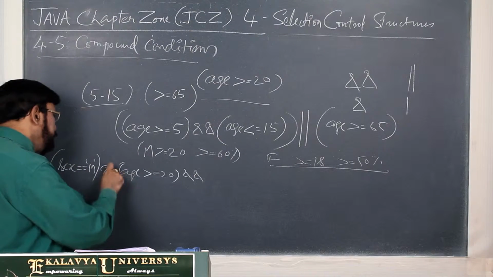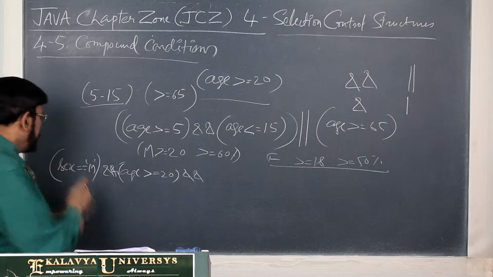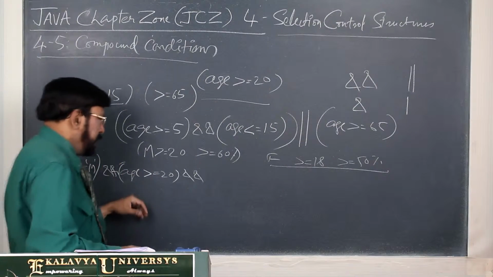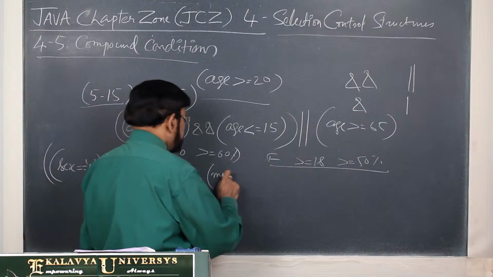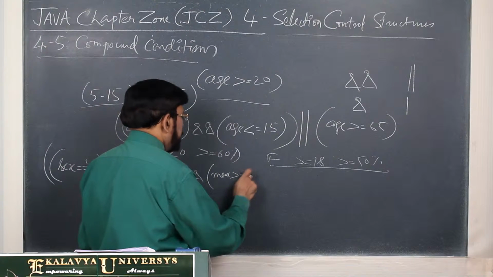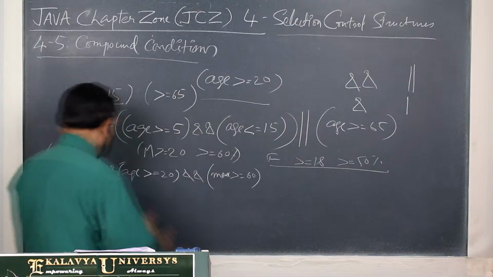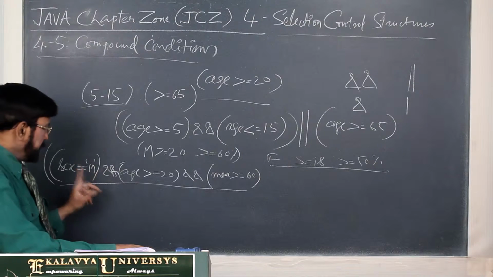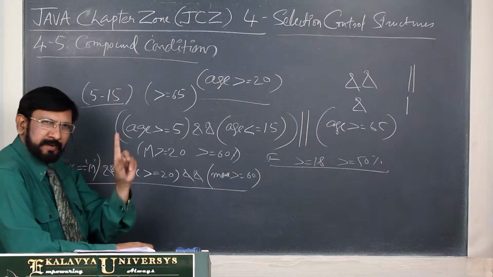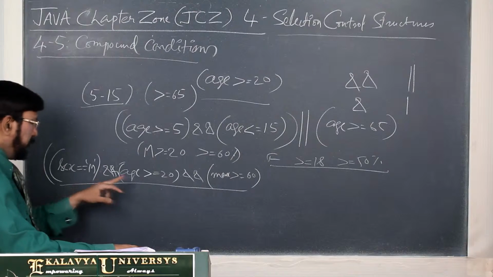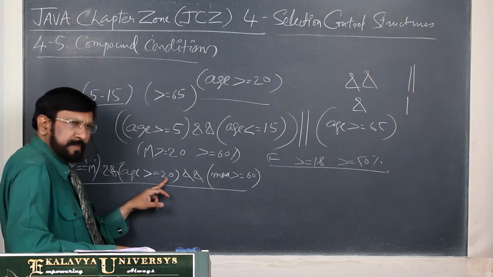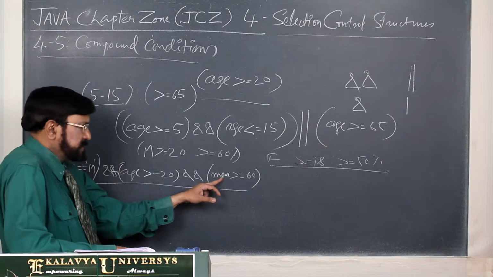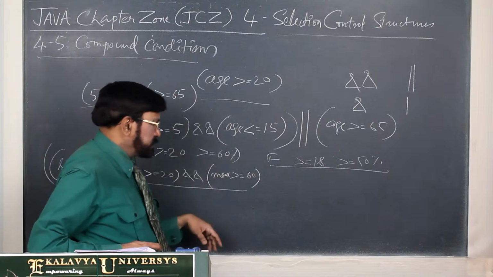He should be male and age is greater than or equal to 20 and marks greater than or equal to 60. So this is the male group: sex is tested and we represent capital M for male, and age is greater than or equal to 20 and marks percentage greater than or equal to 60.